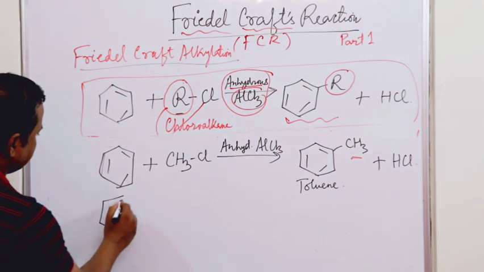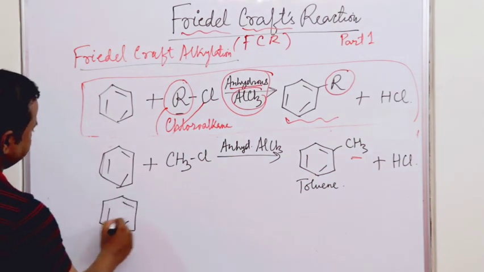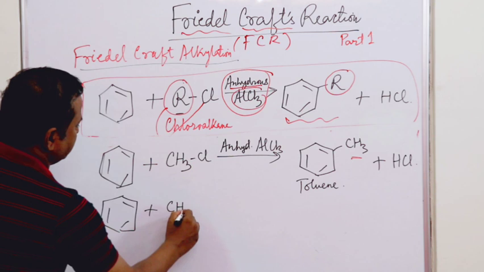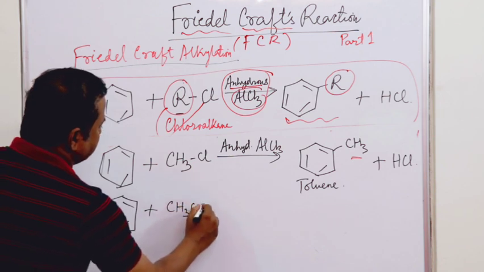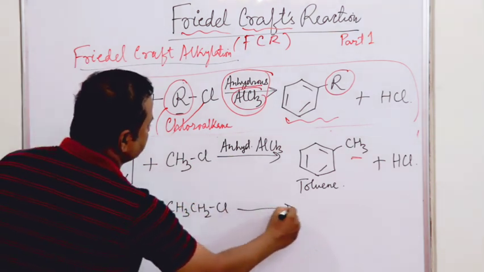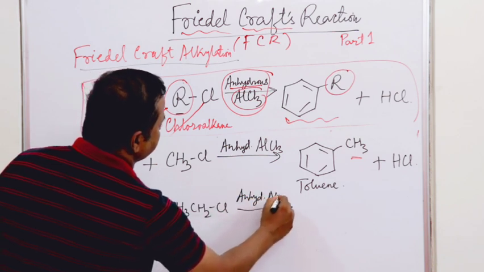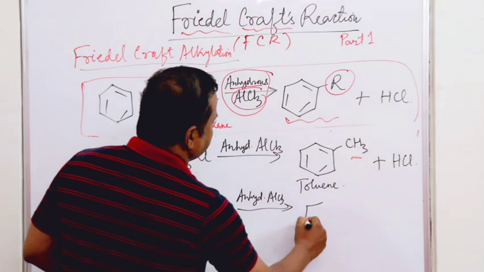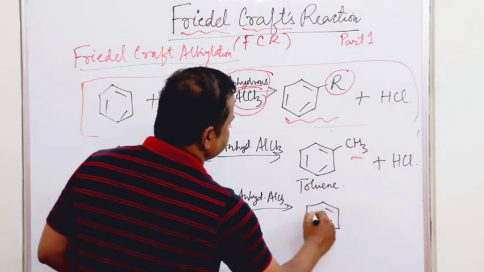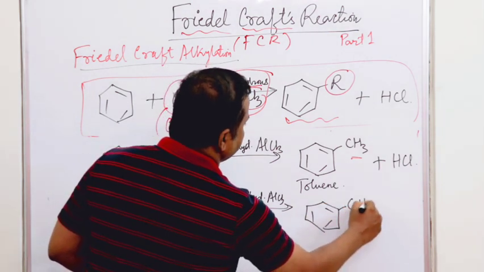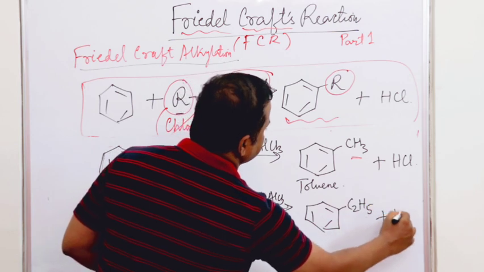Now we can see another example. Suppose instead of taking a methyl, we take an ethyl group. So anhydrous AlCl3, this will give us C2H5, that is ethyl benzene.